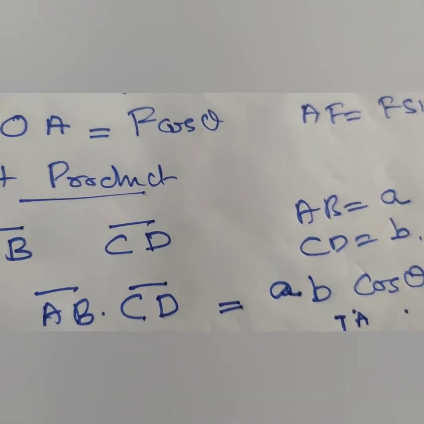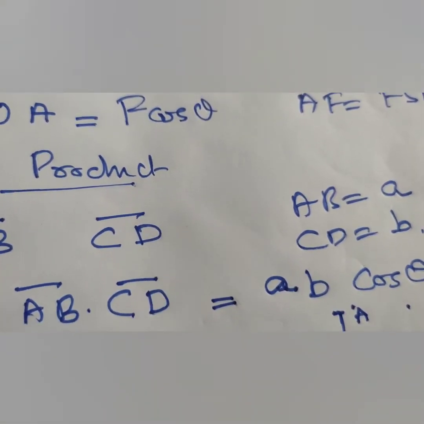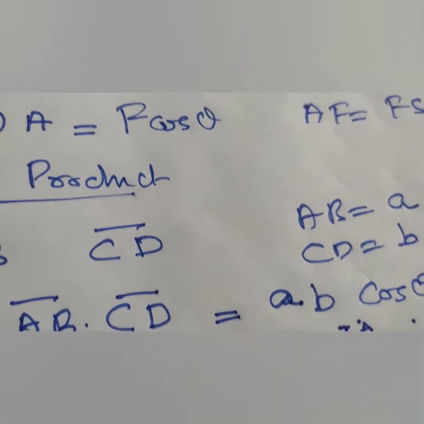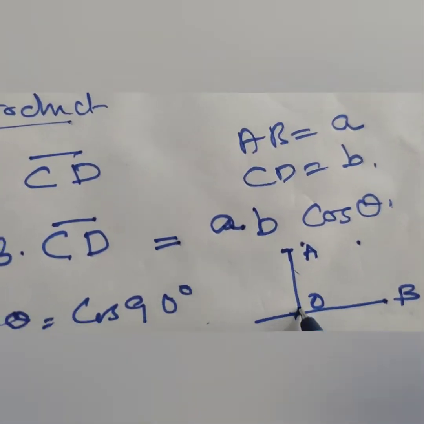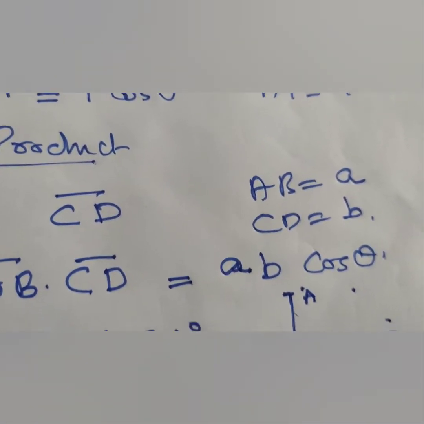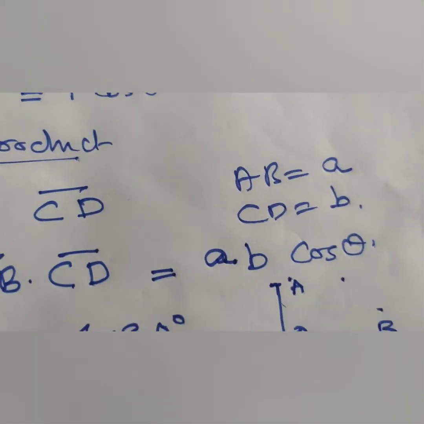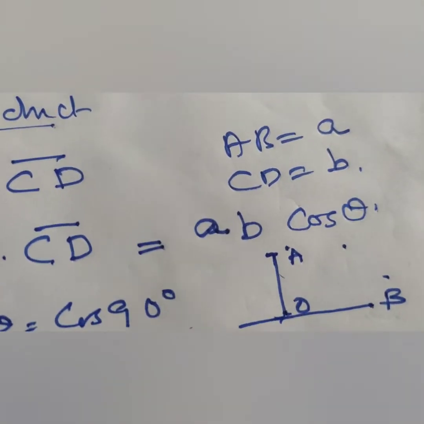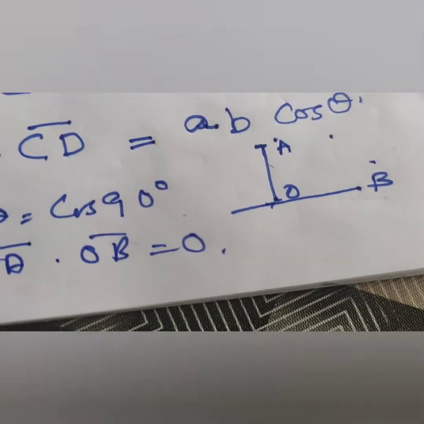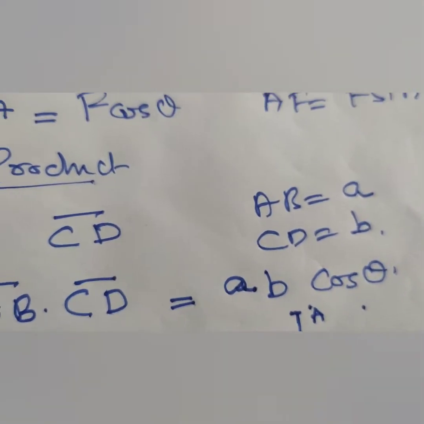Cos theta is cos 90, which is 0. So this dot product is 0. So perpendicular lines have dot product 0. That is, OA dot OB is equal to 0.